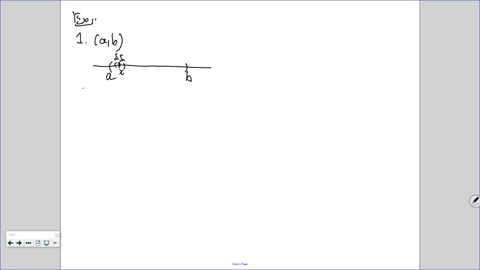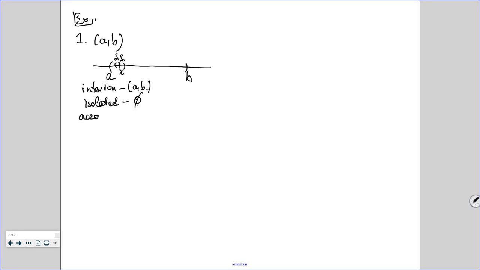So the interior of AB is AB itself. Let's find the isolated points. Remember, isolated points are those points such that if we intersect the neighborhood with the set, we get one point. You can see that there is no isolated point, so the set of isolated points is the empty set.